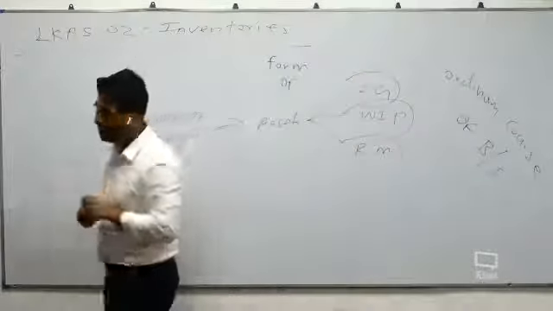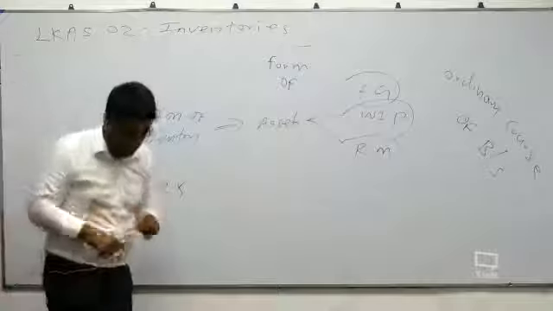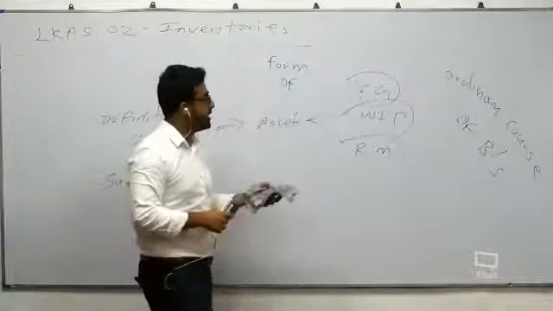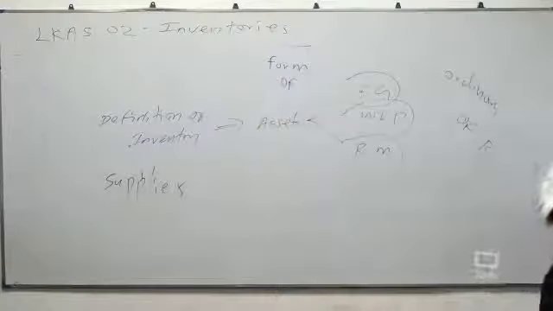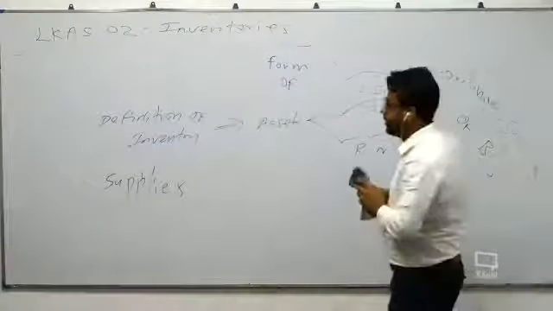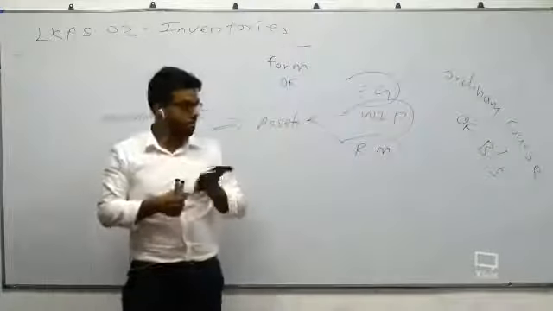Guys, second point. First, done with the first one. What is the second one? Heading, right? Elements of cost of inventory. Second heading.